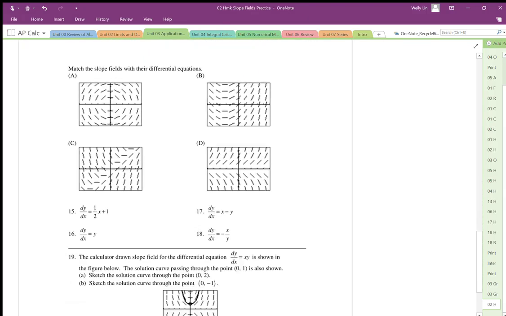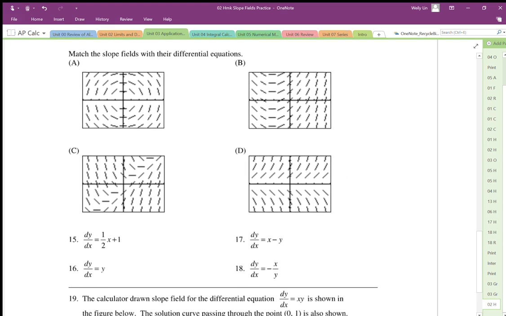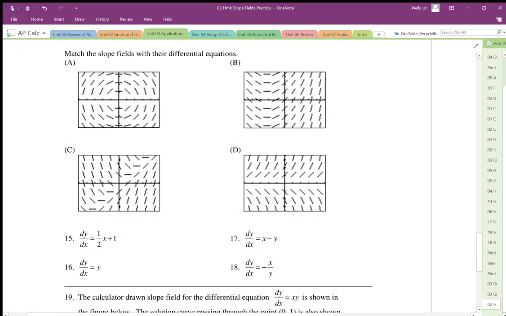For these ones here, we can match the slope fields with the differential equations. If I take a look at this, it is a circle, and I kind of know that this is the derivative for a circle, but I can just double check. At x equals 0, all the x equals 0 coordinates are going to give me a horizontal slope.